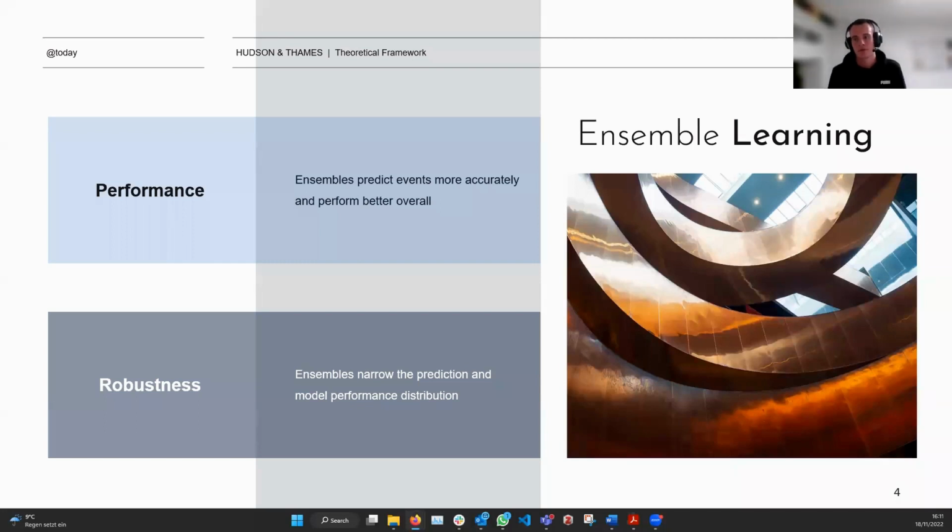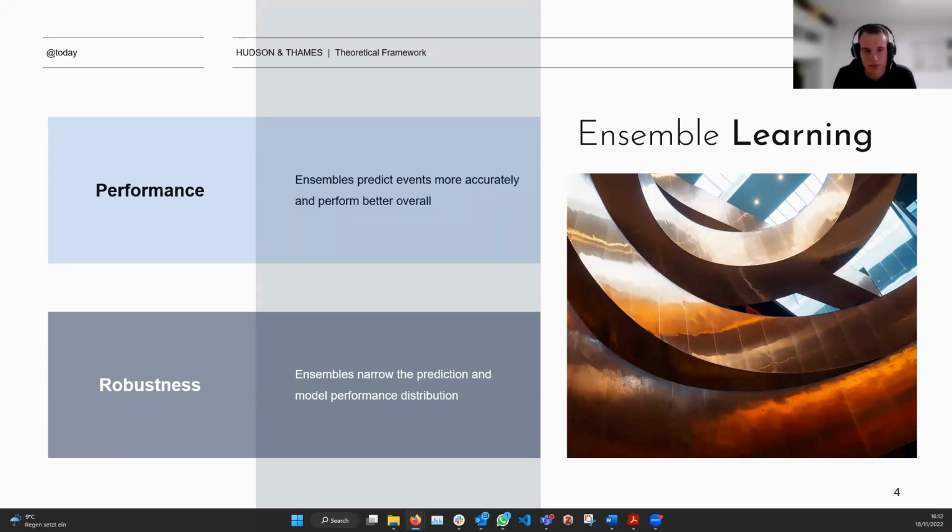So there are basically 2 main reasons to apply ensemble learning. The first one is performance, the second one is robustness. If we speak about performance, compared to a single contributor model, an ensemble can predict events more accurately and perform better overall. So the basic idea is that by merging numerous models, these allow the mistakes of one model to be compensated for by others. And that boosts the overall ensemble prediction performance over that of any single model.